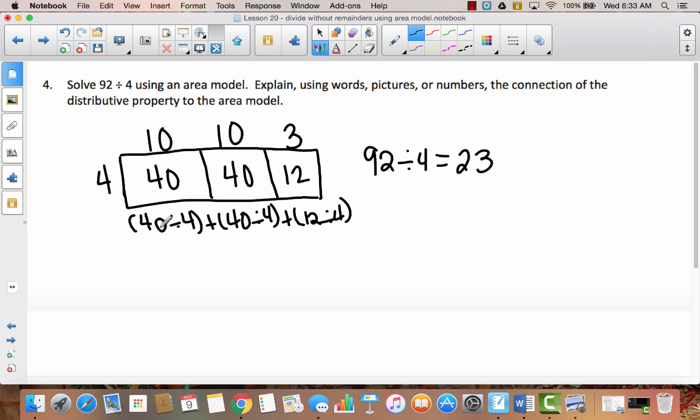This is the distributive property because I'm showing that I'm dividing all of these by the same number and then adding it together. So I had 10 plus 10 plus 3, which equals, not 13, excuse me, equals 23. So I chose to use numbers.